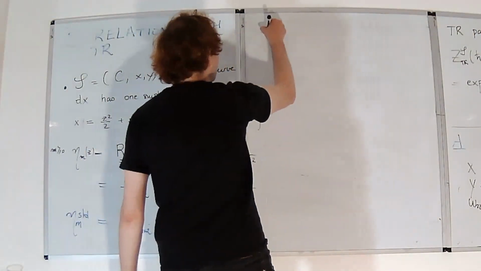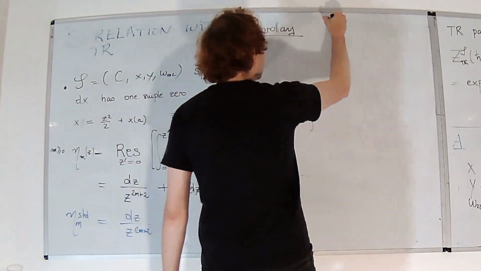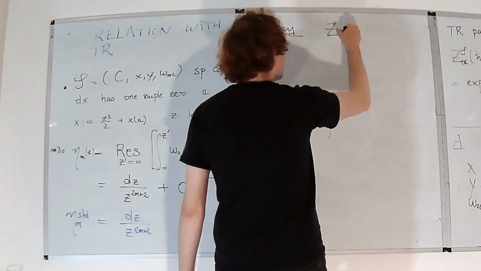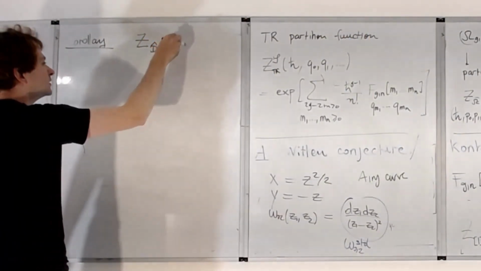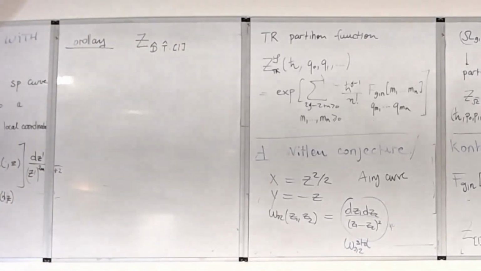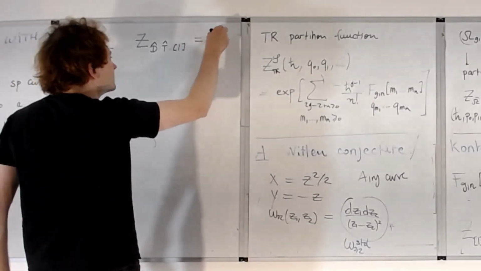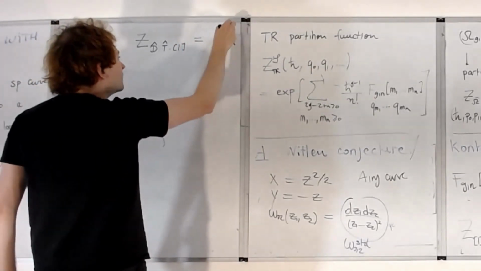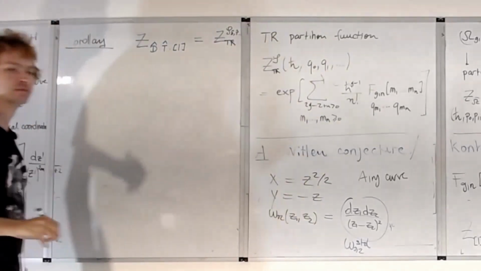So, corollary. If I do Z of d hat, t hat of the trivial class, it is going to be Z TR of a certain curve that depends on d hat and t hat.